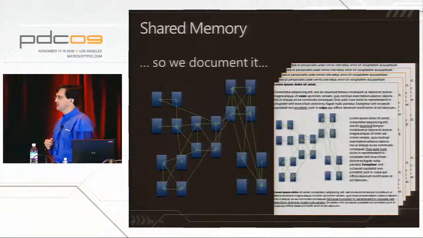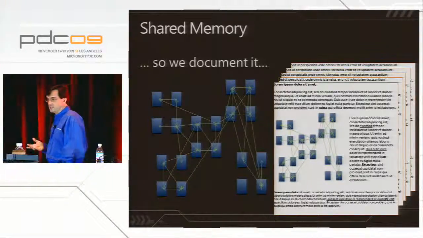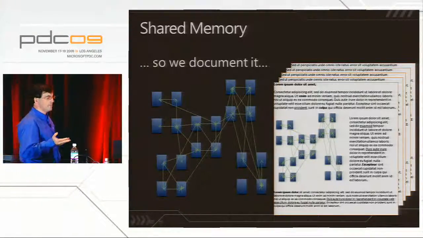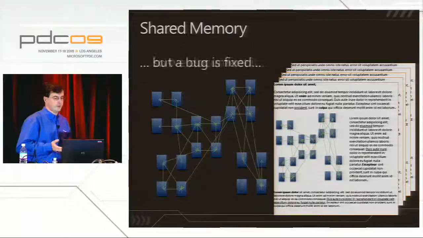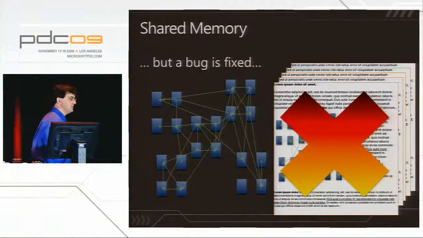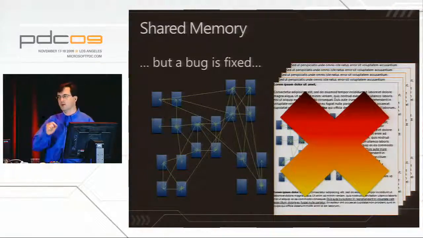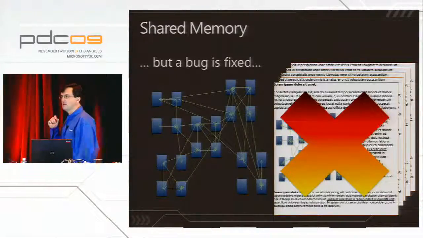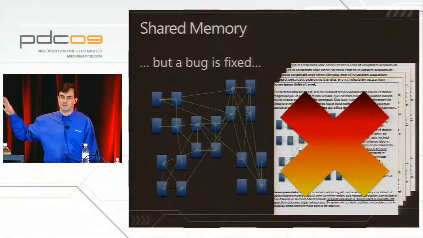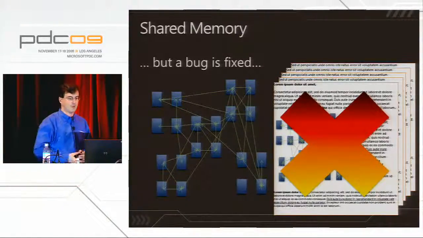And for anything of any interesting complexity, it's going to be a long document. And we're going to quickly invalidate it by fixing bugs or versioning it in some other way. Okay? And only the very strongest engineering organizations, I claim, have the discipline in place to prevent this from ever happening.